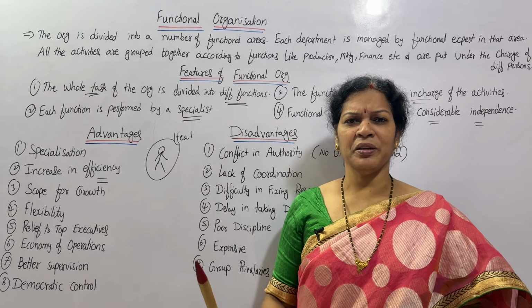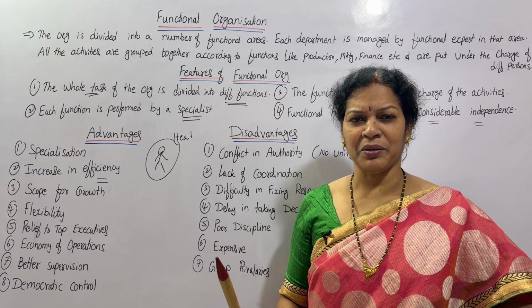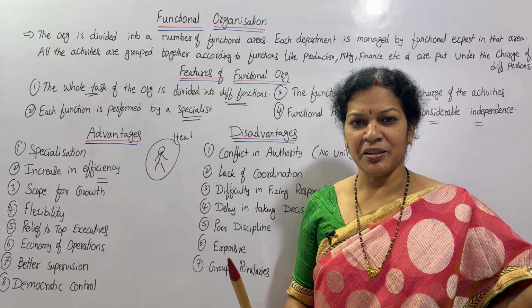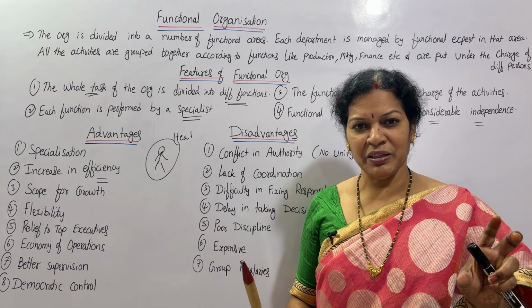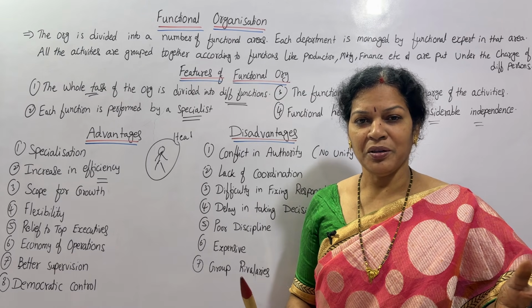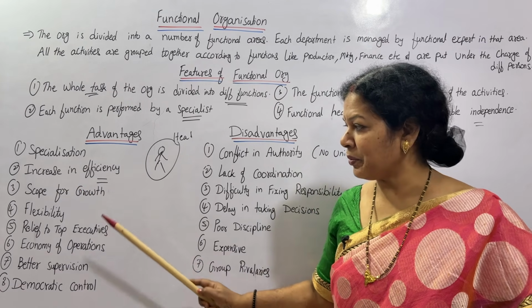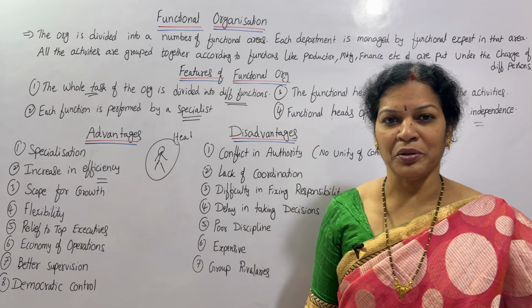Next, scope for growth. Everything is going systematically. We have planned very well. We have given authority. We are taking things in a properly considered way. Activities are also controlled. Then automatically there is a scope for growth. Flexibility is also there.